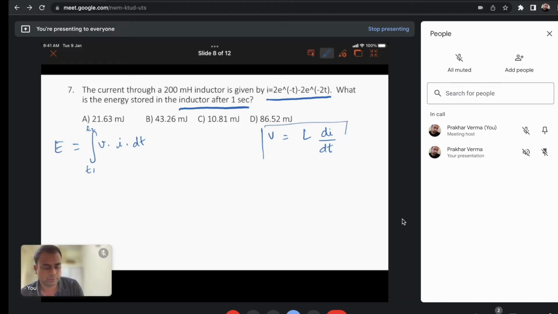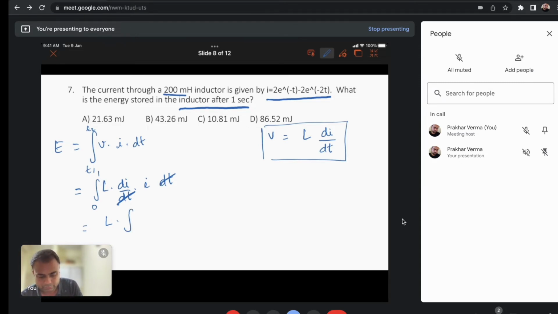So we substitute it in this equation. Time is from 0 to 1 second, voltage is replaced by L into di by dt, into I into dt. So we can cancel out dt. L is a constant value, so we can take L outside.